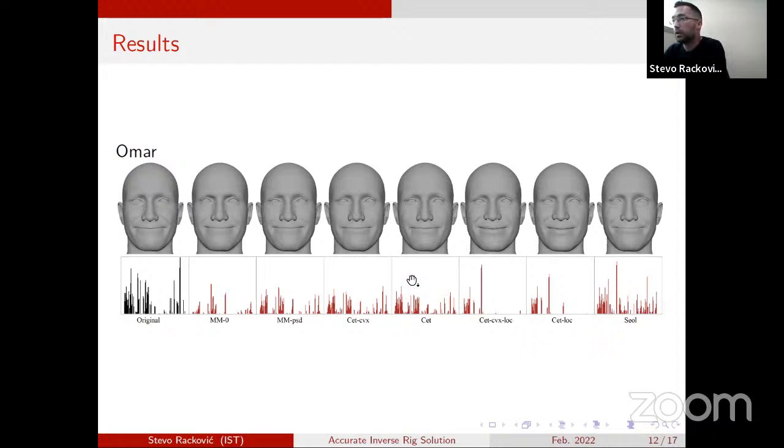So also one thing that we notice from a lot of examples is that these two, Satin-Aslan solved with CVX or with a closed form solution, are usually very similar. So we keep only this one because it's much faster.